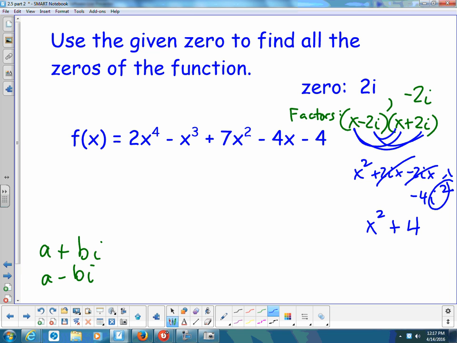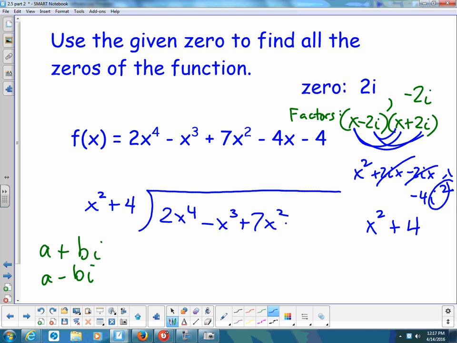No. So go ahead and get some practice for our quiz next class on doing some long division. We're going to do x squared plus 4 into 2x to the 4th minus x cubed plus 7x squared minus 4x minus 4. Now my personal preference here, and you don't have to do this, is to add in any missing terms.